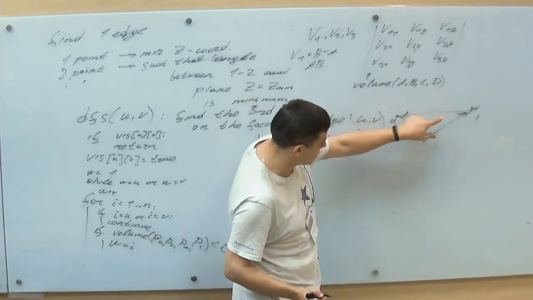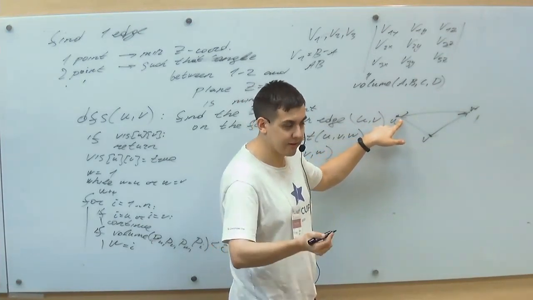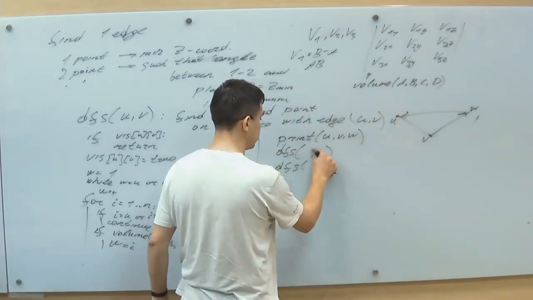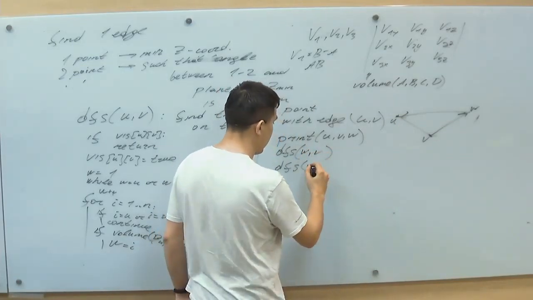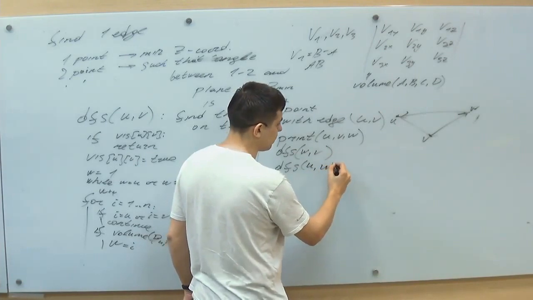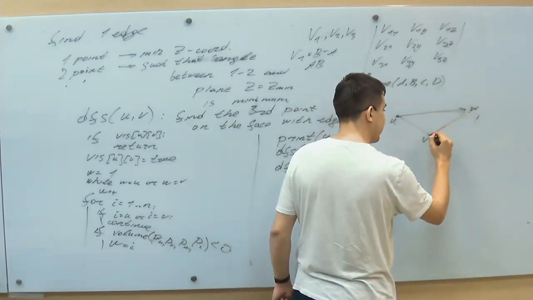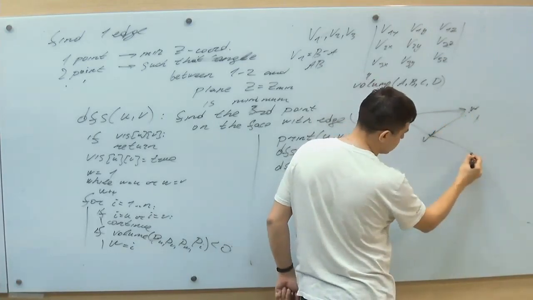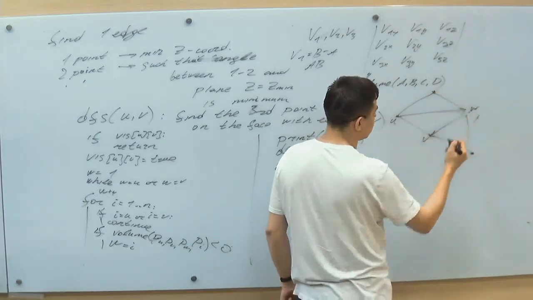Since this will find this point, and we need to find other faces. So we need to do WV, the other way around, and we need to do UW. So we'll use this directed edge here, and this directed edge here. So this will find some other point here, and this will find some other point here.